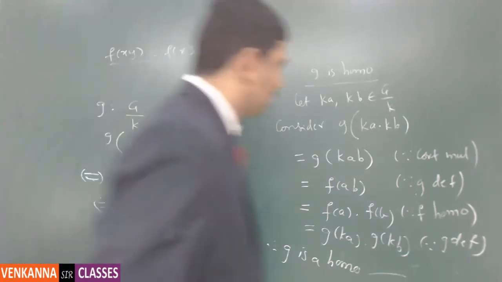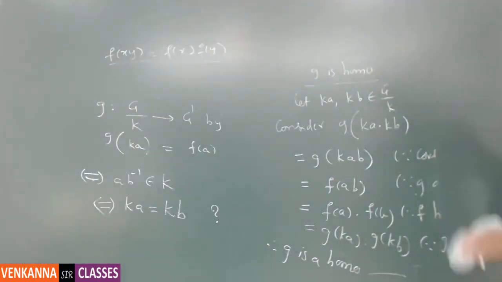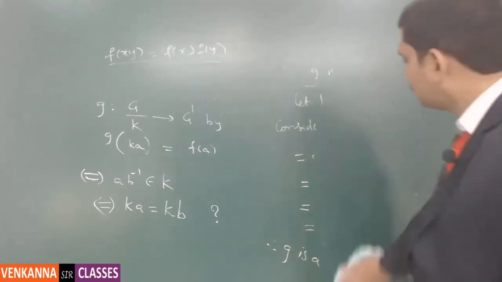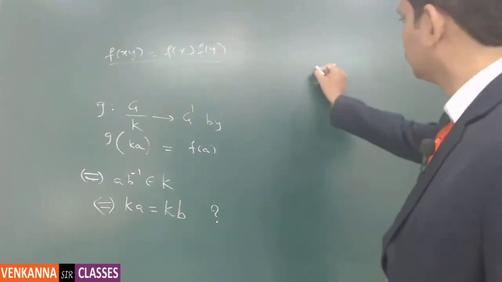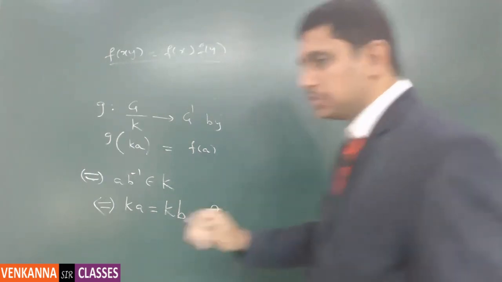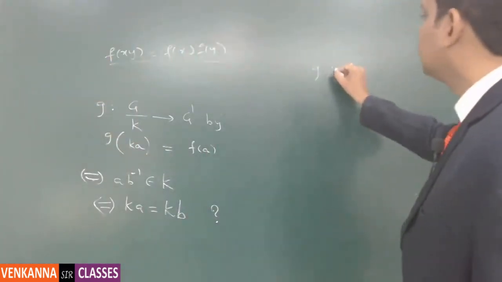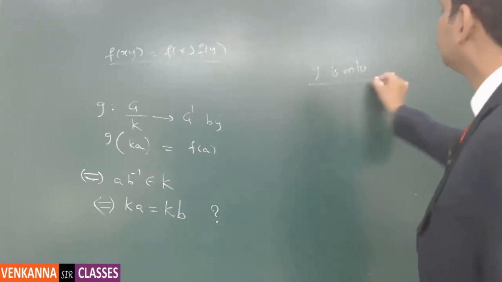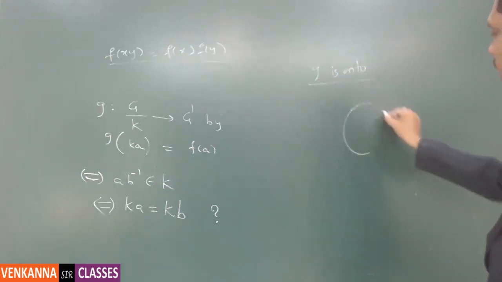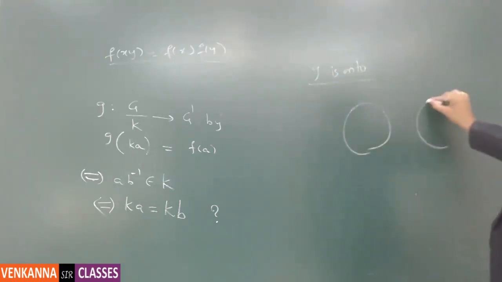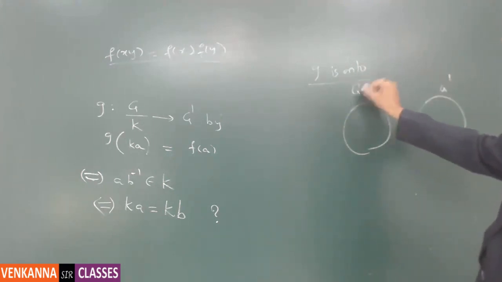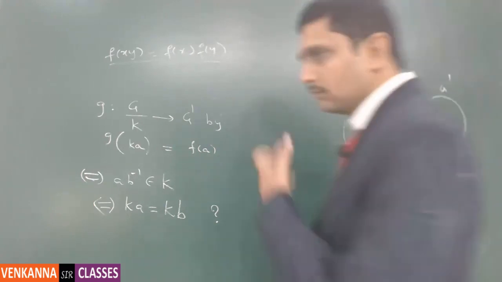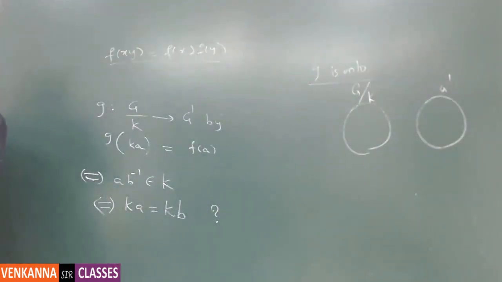Right. Now, this is an interesting situation. How to prove that g is onto? For this, I request you to draw the diagram. The diagram gives you a very good understanding. Now, what is meant by onto?